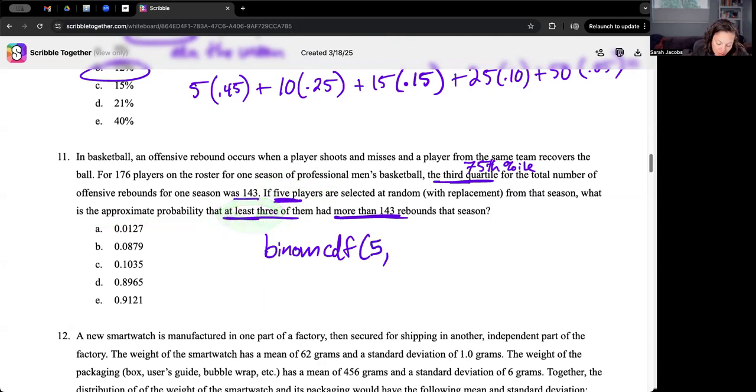We have 5 trials. The probability of anyone having more than 143 rebounds. So 143 is the 75th percentile. So 75% is below that, which means more than that is going to have a probability of 25%.